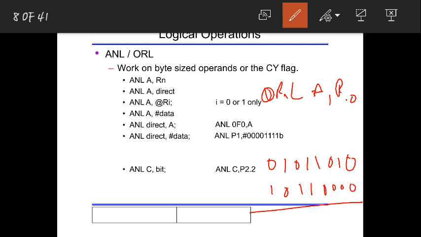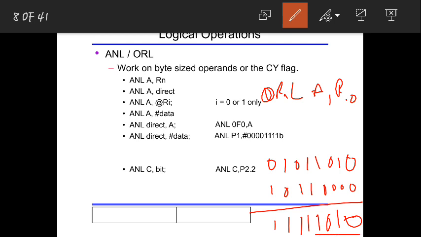Now if I OR them, the result: whenever there is a 1 plus something, you will always get 1. So 0 or 0 gives 0, 1 or 0 gives 1, and 1 or 1 gives 1. 1 plus something is always 1.